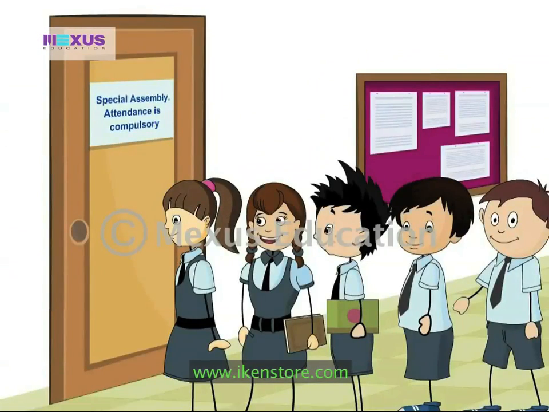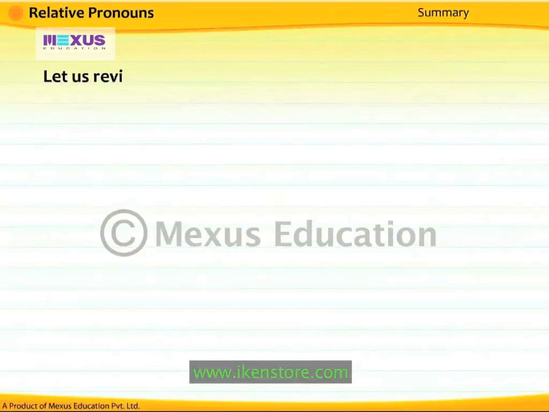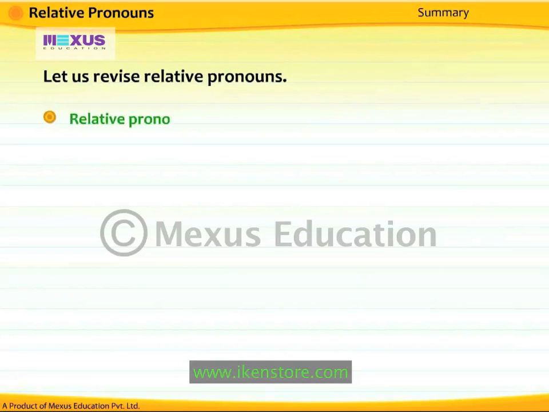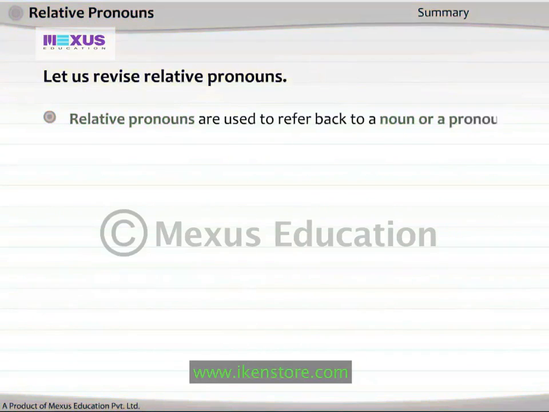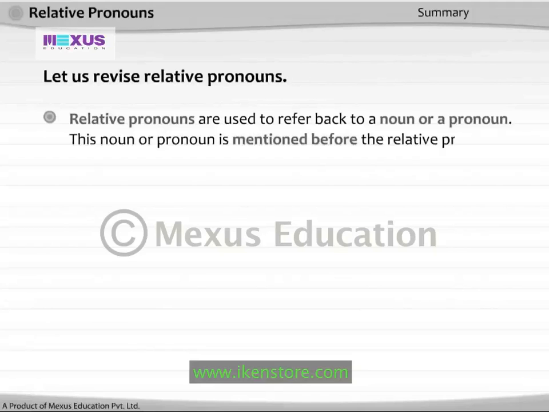Shireen has told Kaya everything she knows about relative pronouns. Let us revise relative pronouns before Kaya and Shireen attend the special assembly. Relative pronouns are used to refer back to a noun or a pronoun. This noun or pronoun is mentioned before the relative pronoun. It is also called the antecedent.